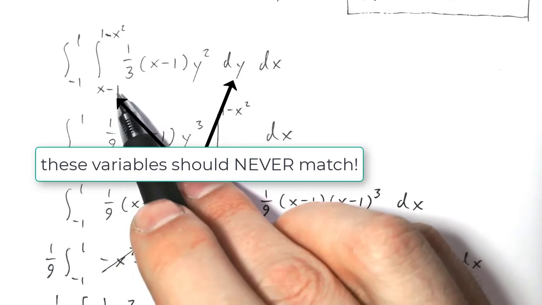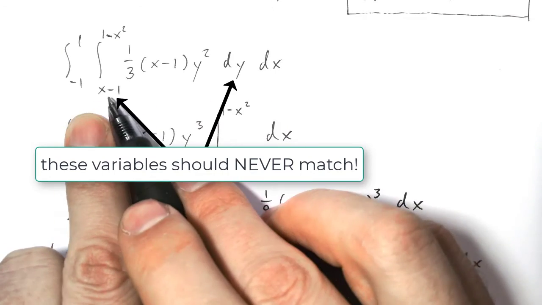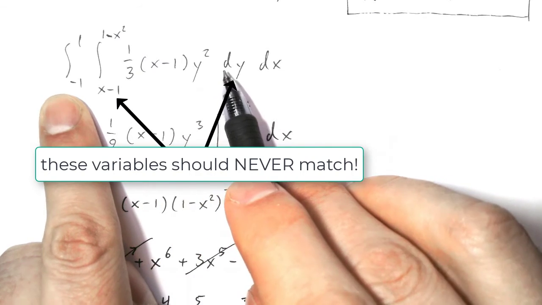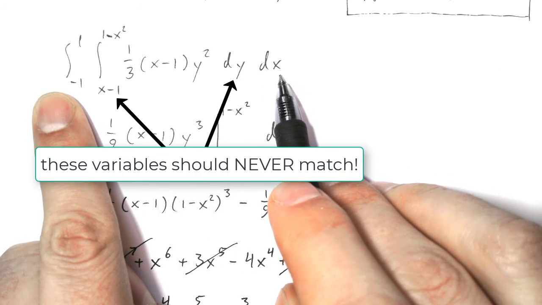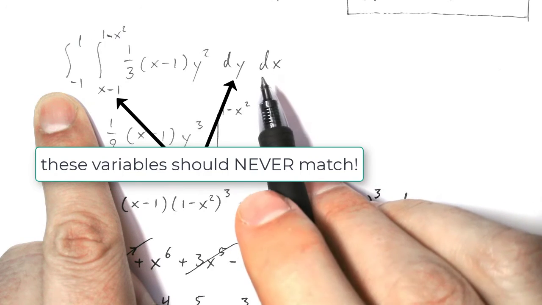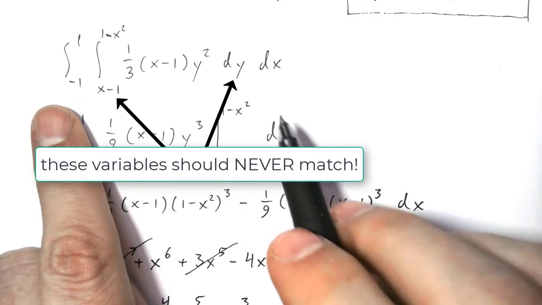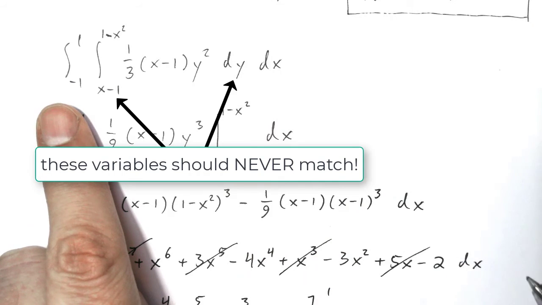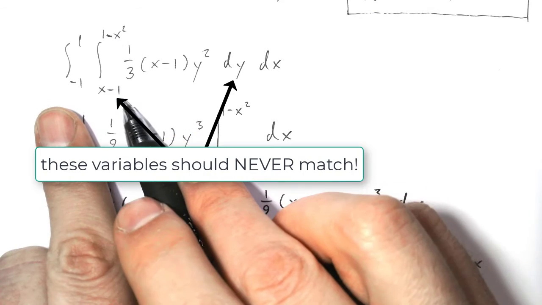Why is that? Because if I were to integrate with respect to y and I evaluated at functions of y, I would be left with a function of y. My next step is to integrate with respect to x. But at that point, the y's will never go away. So in my answer, I'll end up with variables y. That doesn't make any sense. I should be getting a number as an answer. So these really can't be functions of y.